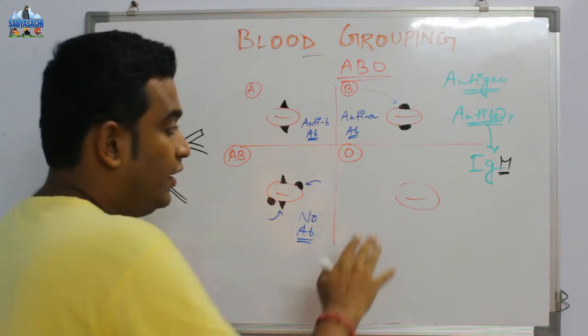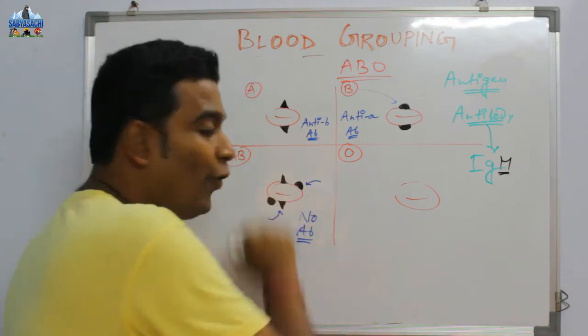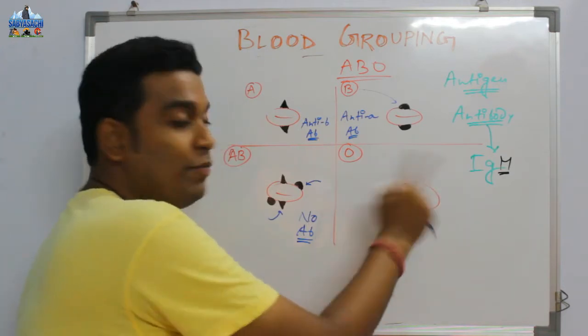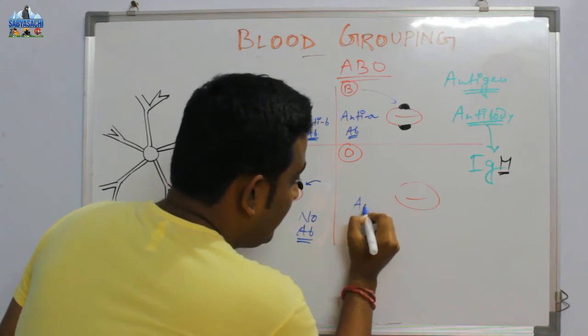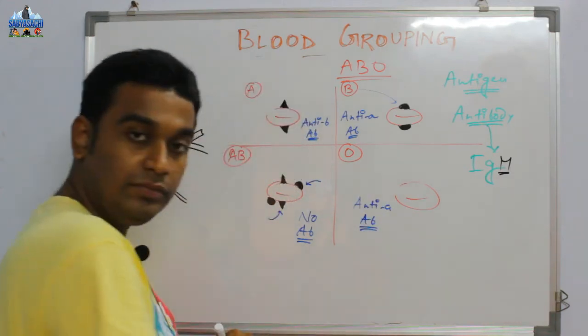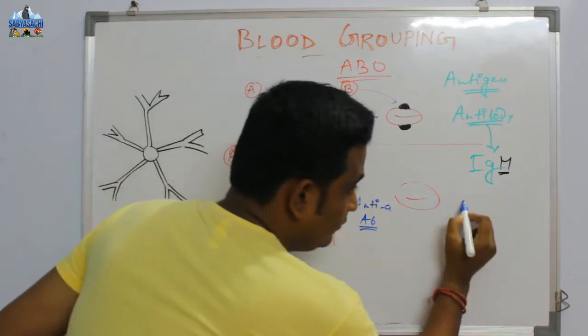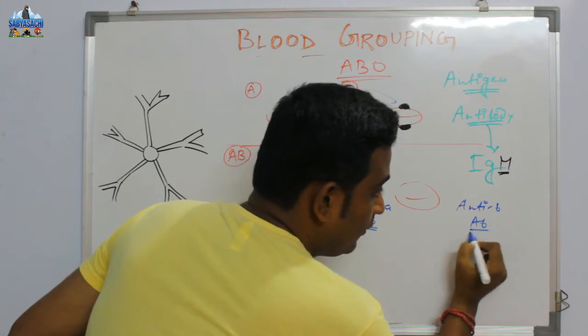Right? O. Yes, you have got it right. In O blood group, both the antibodies will be present. That is anti-A antibody, anti-B antibody.